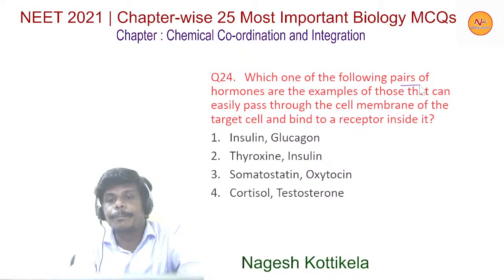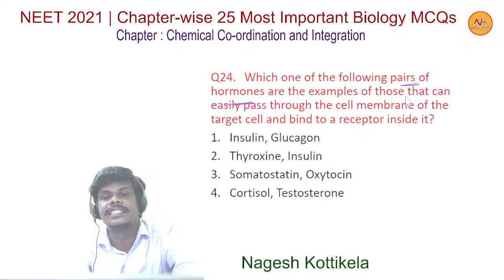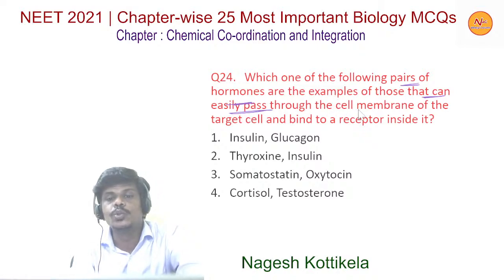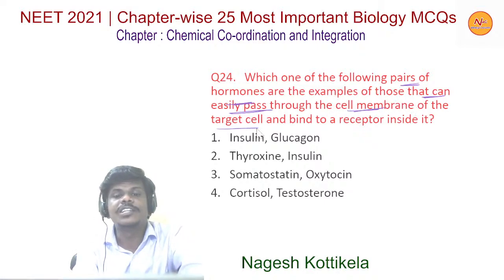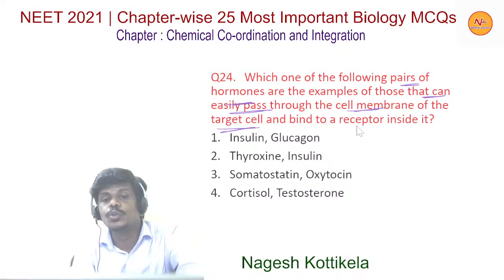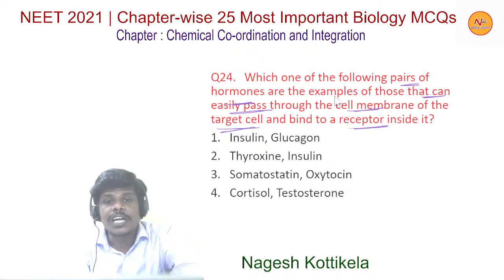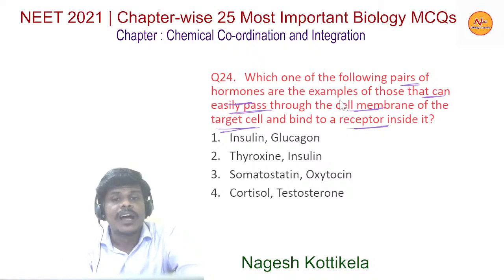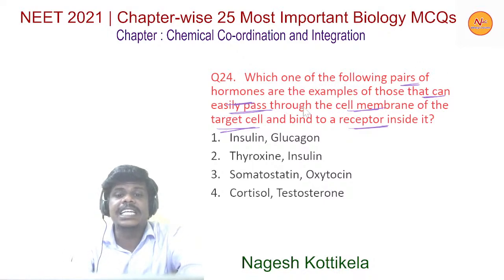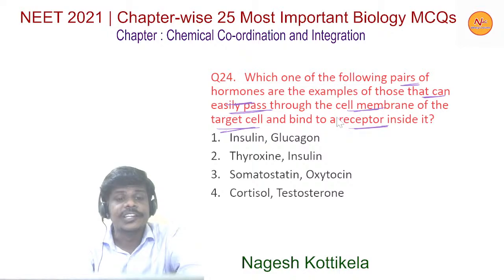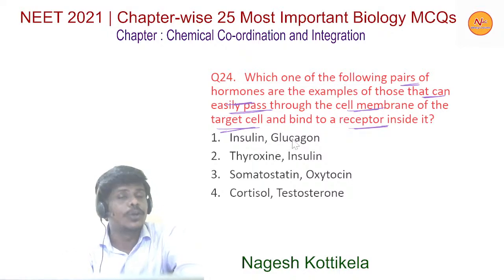Now moving to the next question. Which one of the following pairs of hormones are the examples of those that can easily pass through the cell membrane of the target cell and bind to a receptor inside it? So here we have to find out the pair of hormones that can easily pass through the cell membrane of the target cell and bind to receptor inside it. Option 1, insulin and glucagon.